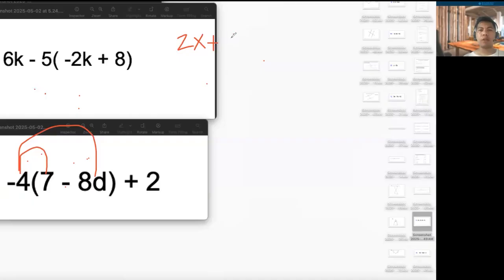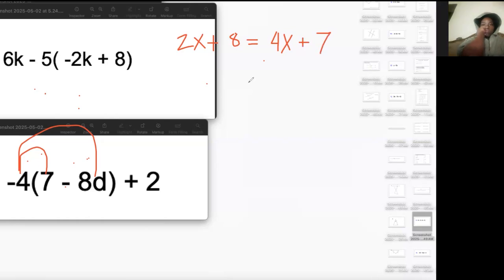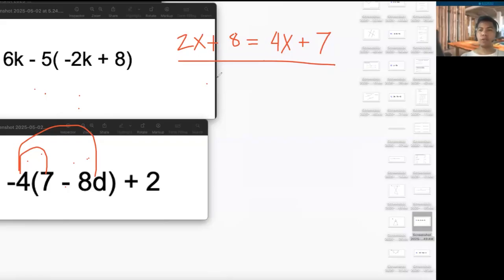If you can annotate, that would be better. Solve for x. Diana, solve for this one.